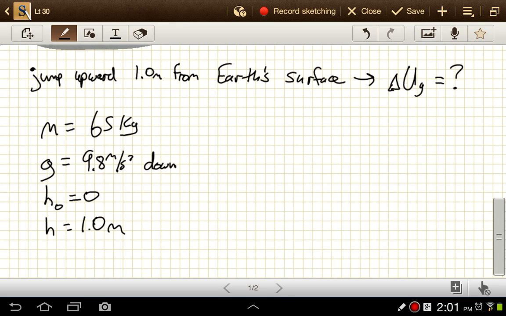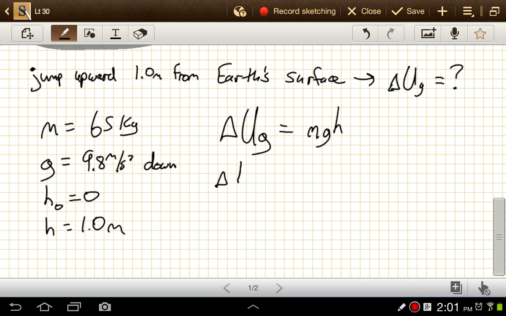1.0 meters upward. So this one we'll calculate first with the simpler equation, the one that you would have seen in regular physics. We'll do the mass times the free fall acceleration of gravity times the height.